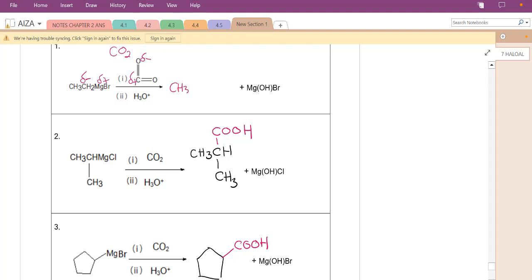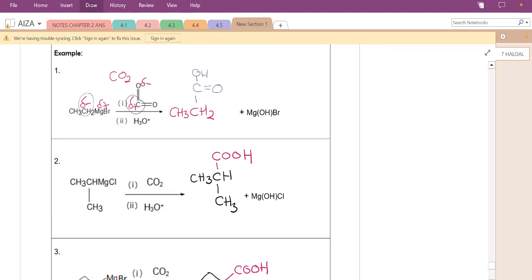Okay, so carbon delta plus will make a bond with carbon delta minus. Okay, and then one of the C double bond O remain unchanged. O minus MgBr plus after hydrolysis OH.